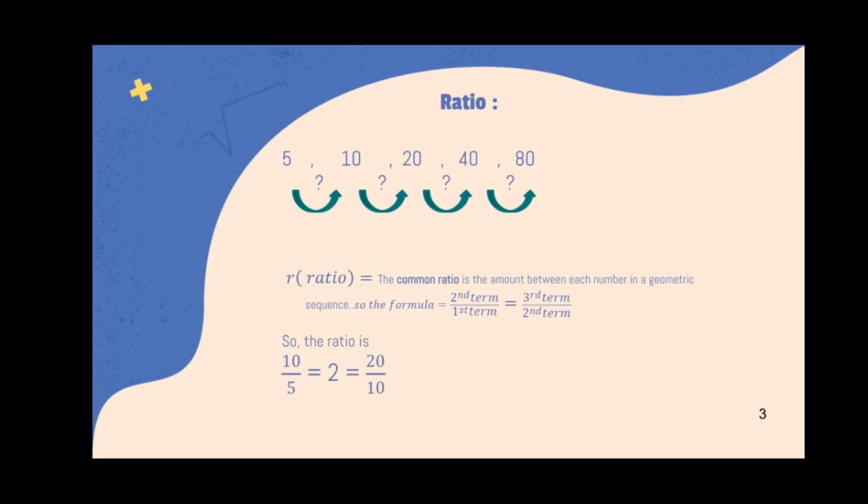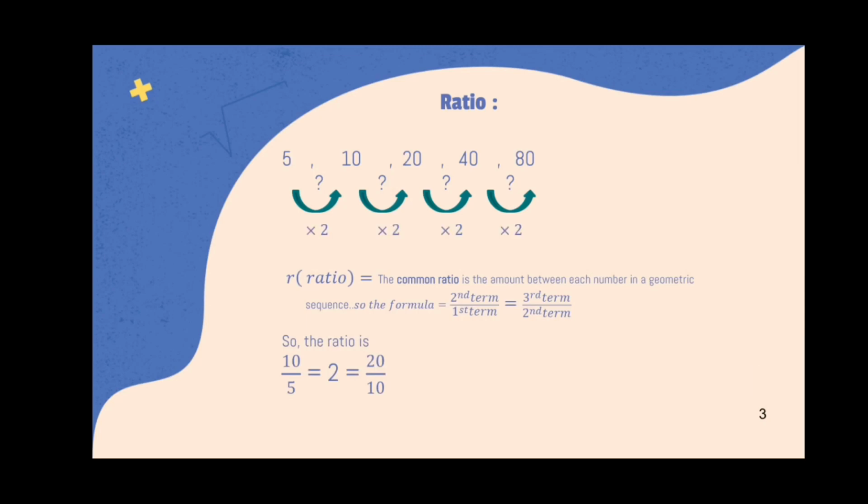So, 10 divided by 5 is equal to 2. And if you use another formula, we know that 20 is the third term, 10 is the second term. So, 20 divided by 10 is equal to 2. And the ratio of this sequence is 2.